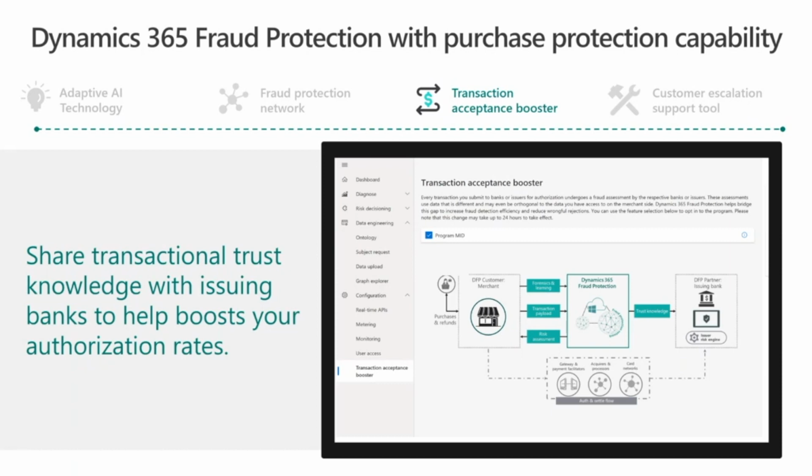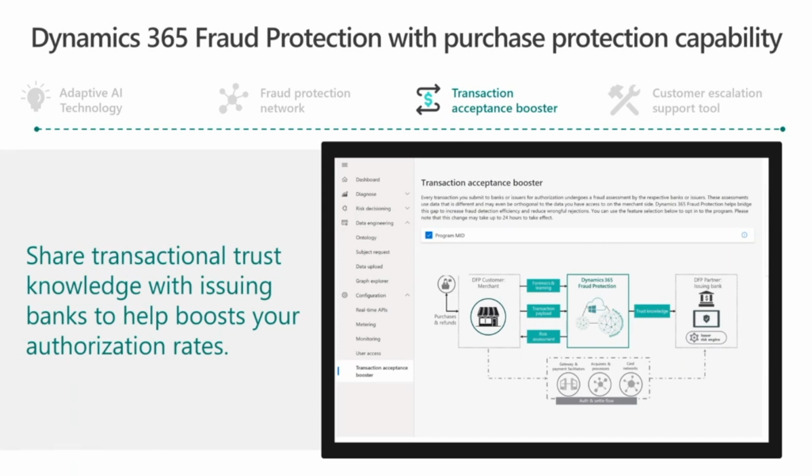So what we saw was over time, there was an incredible lift in bank acceptance rates, which again translated to pure revenue growth for all of Microsoft's businesses. And now we offer the same capability as part of this fraud protection solution to our customers who can choose to opt in for this feature. And we have several multinational banks already signed up to this special program. So this is another innovation.